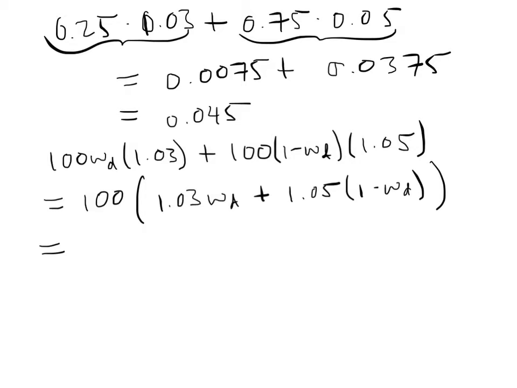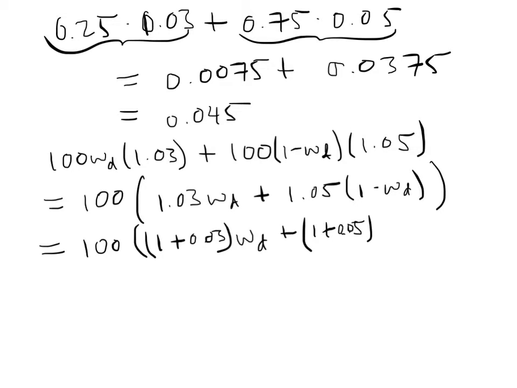So it turns out that we can also take out the 1s, so that we have 100 times 1 plus 0.03 omega d plus 1 plus 0.05, I'm just going to call it omega e now, just for simplicity.